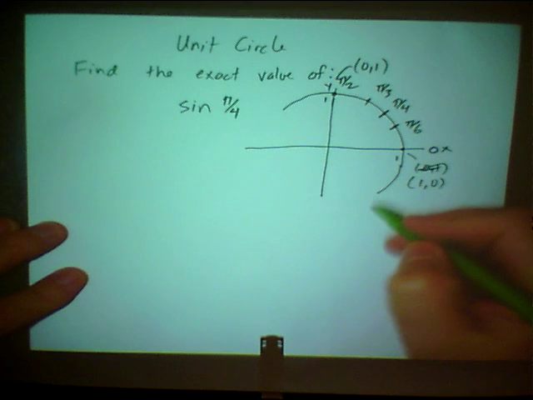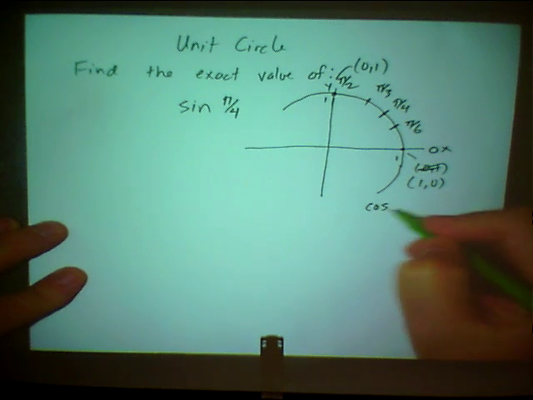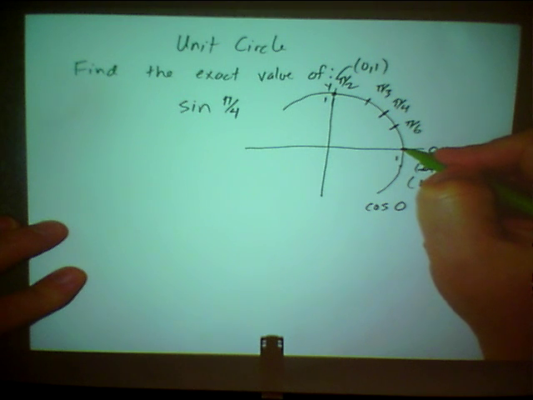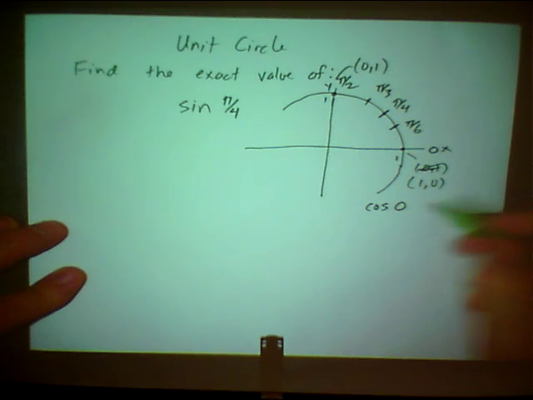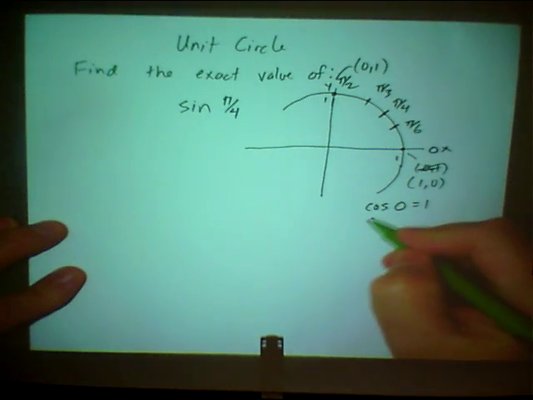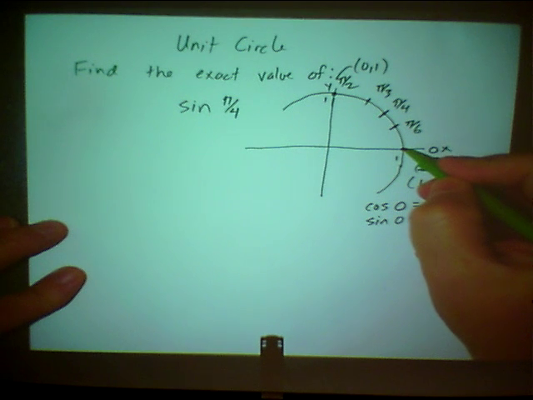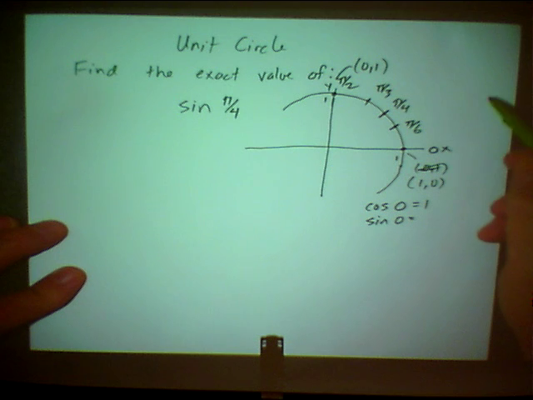So if they asked me, what is the cosine of 0? Well, the angle 0 is right here. The cosine is simply my x value. And if they said, what's the sine of 0? The angle 0 is right here. The sine is the y value of this point, and it's 0.